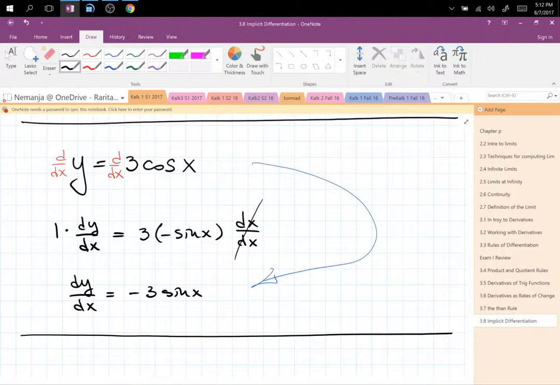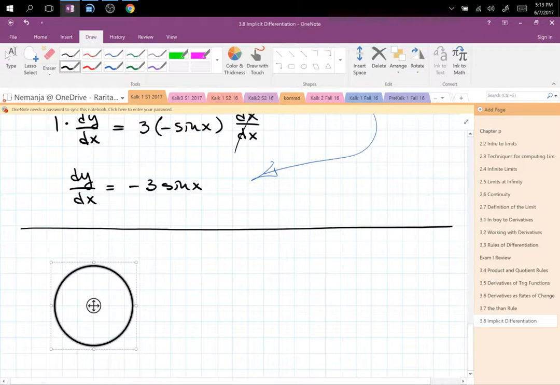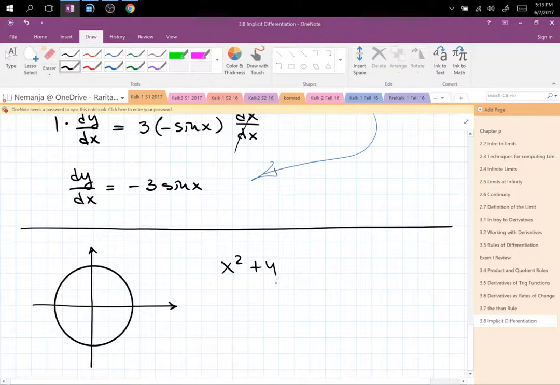So now I would like to see if I can push this further. So behold the circle. Now, the circle has equation x squared plus y squared equals to whatever, 4.